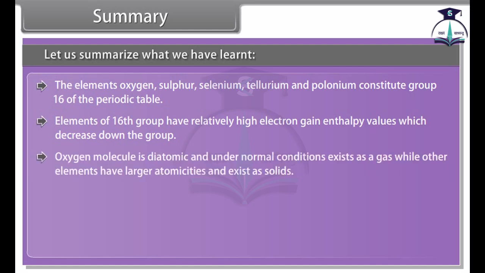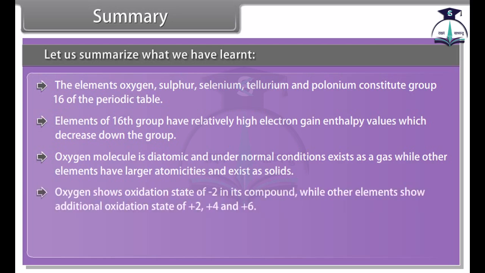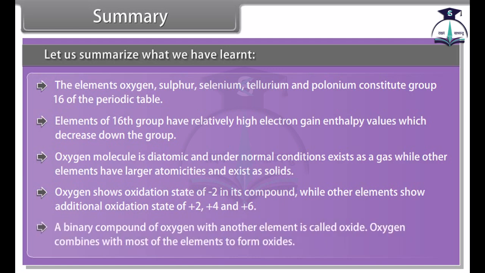The oxygen molecule is diatomic and under normal conditions exists as a gas, while other elements have larger atomicities and exist as solids. Oxygen shows an oxidation state of -2 in its compounds, while other elements show additional oxidation states of +2, +4, and +6. A binary compound of oxygen with another element is called an oxide.